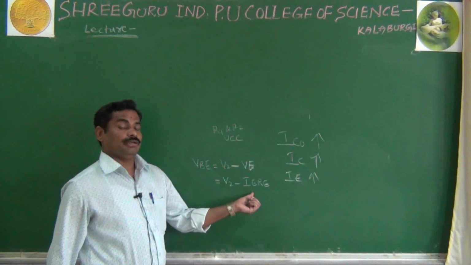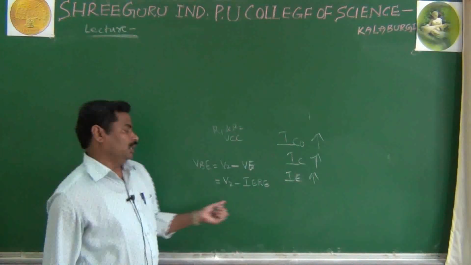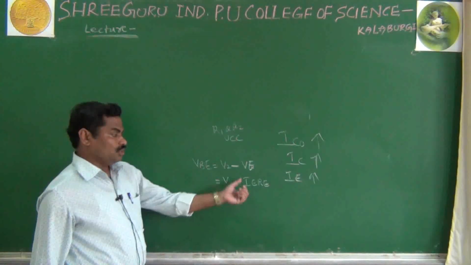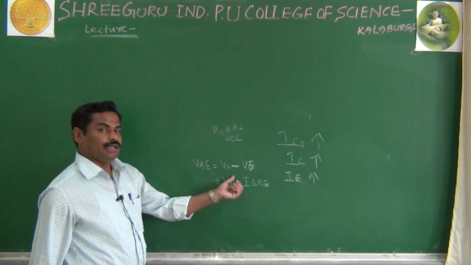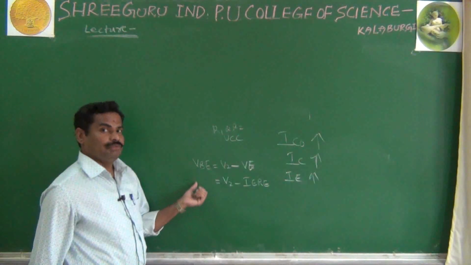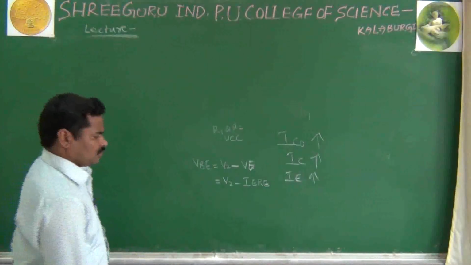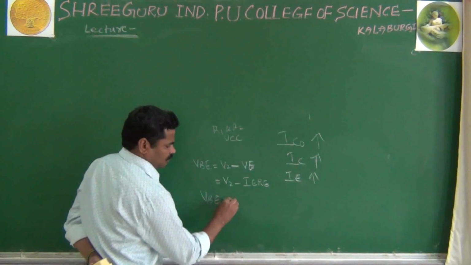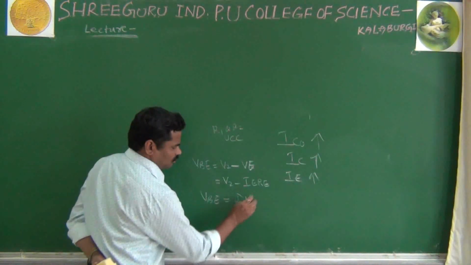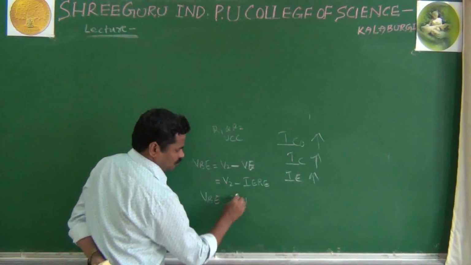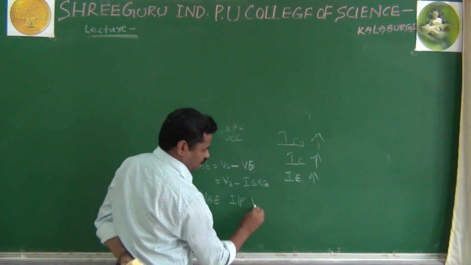It will decrease the VBE, because you get a negative value here. That negative value means VBE decreases. VBE is nothing but the input voltage.